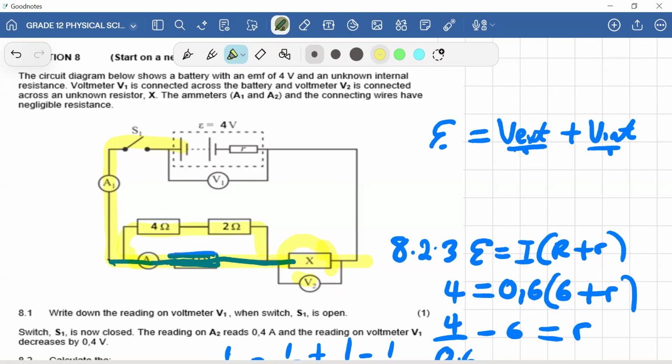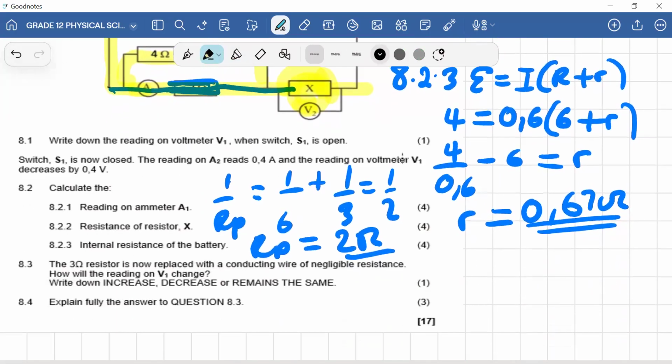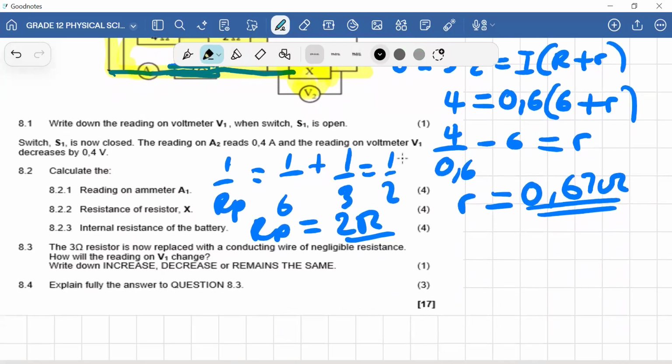So if that is the case, then the total resistance is going to decrease. And when the total resistance decreases, they say we should state whether the voltmeter, the V1, is going to increase, decrease, or remain the same.